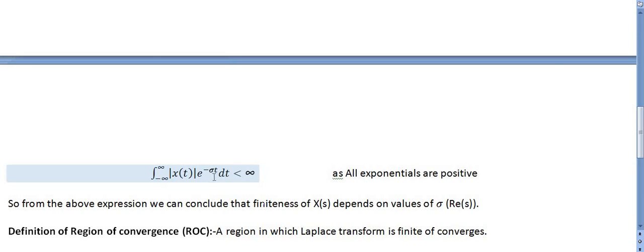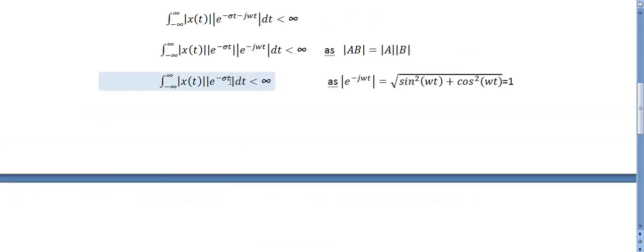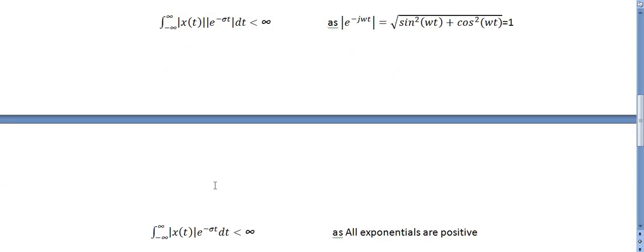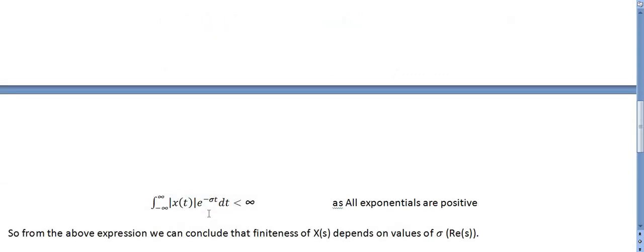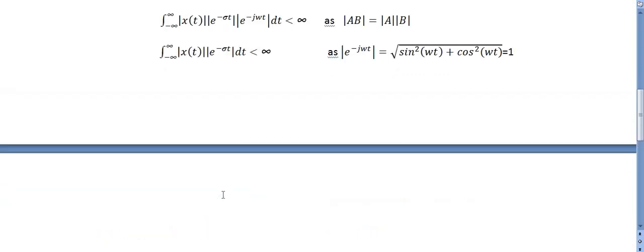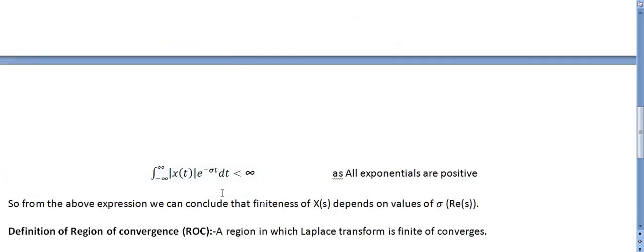Sigma is the real part of s, and I have taken out the absolute value of e raised to minus sigma t also, because all the exponentials are positive. That's why, instead of mod e raised to minus sigma t, I have written it as e raised to minus sigma t only. So from the above expression we conclude that the finiteness of X(s) depends only on the values of sigma, the real part of s.